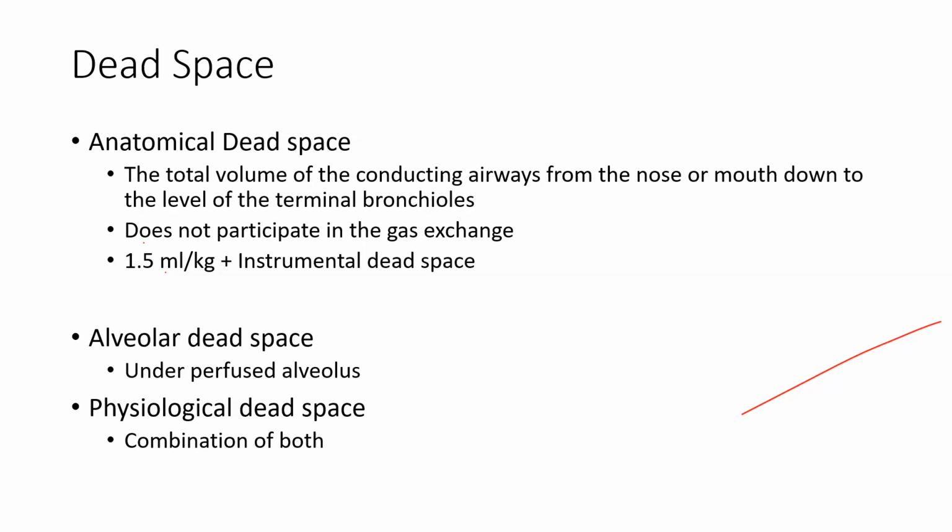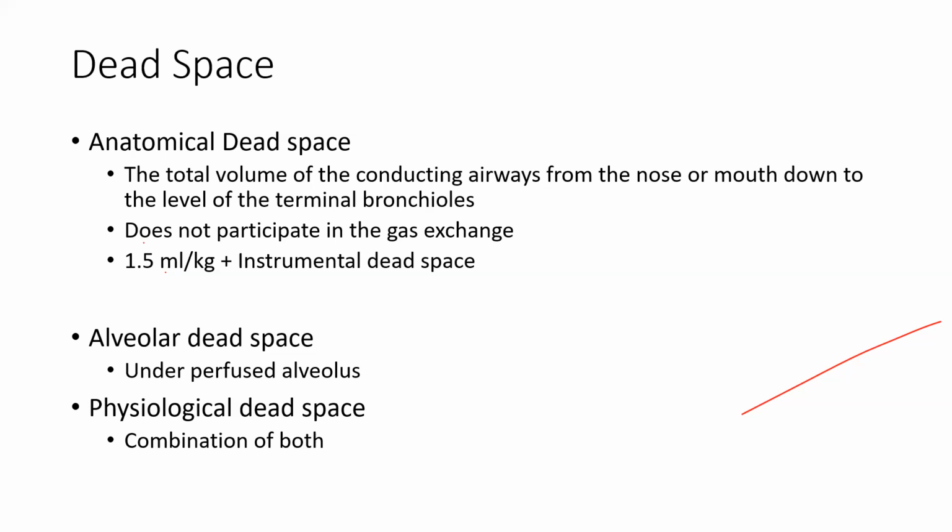You're targeting a tidal volume of about 15 ml, 5 ml per kilo, 3 kilo baby, 15 ml. Plus you have an instrumental dead space, sorry, it's not dependent on the kilos, roughly around 5 ml. So 20 ml total for this baby.